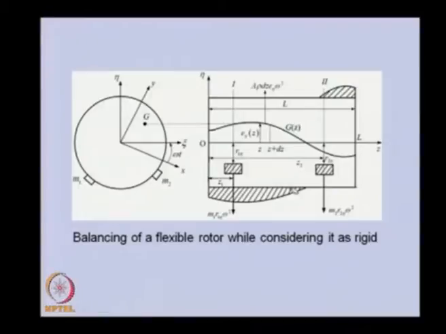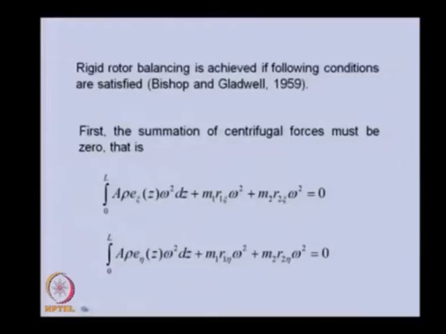Now we will describe two methods: one is the modal balancing method, and the other is the influence coefficient method, which we will describe in the subsequent lecture. We will see how we can balance a particular mode, first mode, second mode, third mode, using the correction masses.